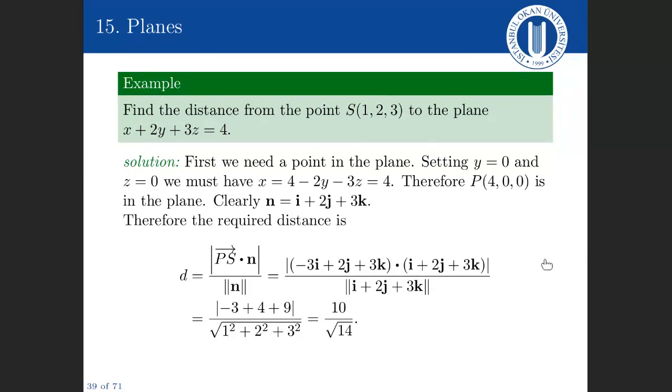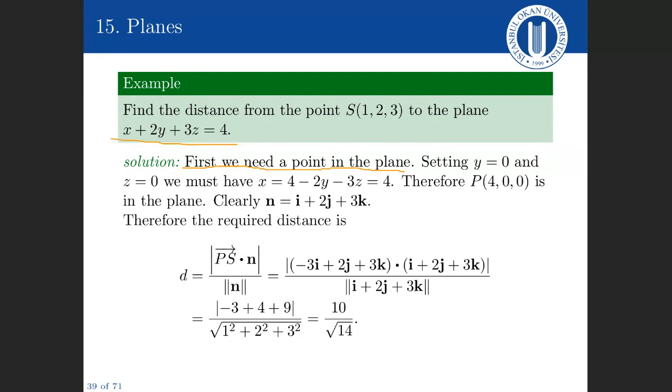For example, find the distance from the point 1, 2, 3 to the plane x plus 2y plus 3z is equal to 4. First, we need to find a point in this plane. We need some numbers x, y, z which satisfy the equation for the plane.